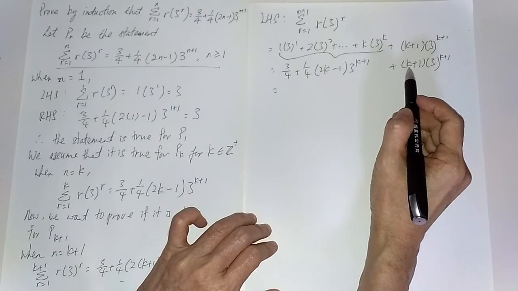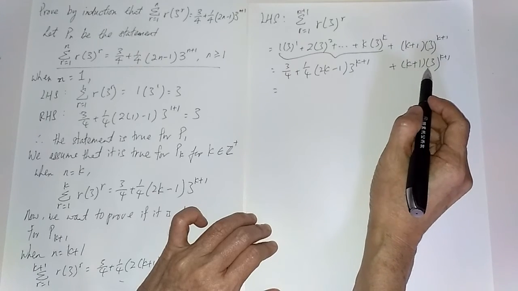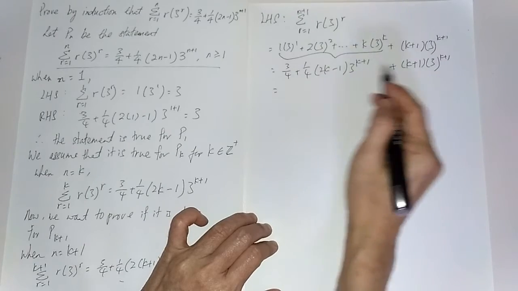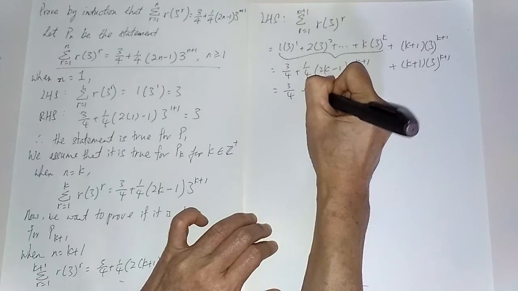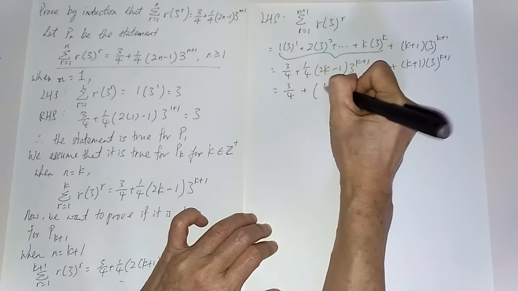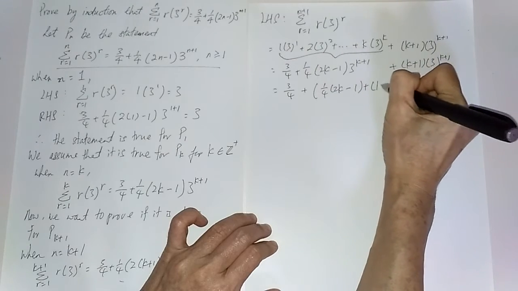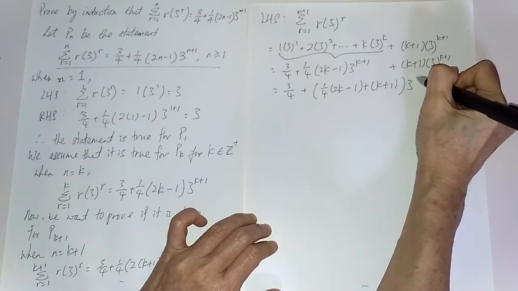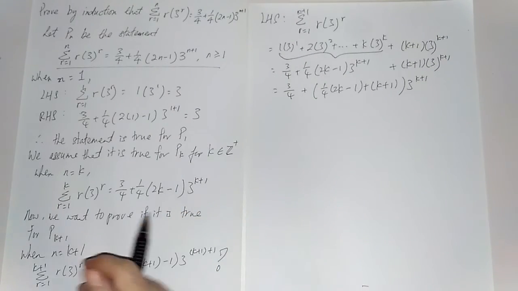Expand it and tidy up. We may want to collect all the like terms, the 3 to the power k+1.